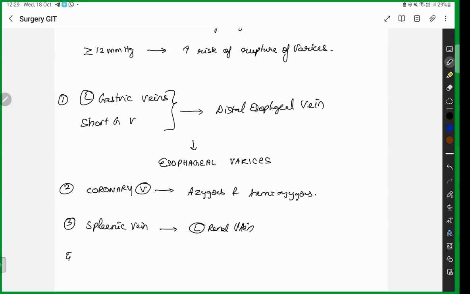And what is the fourth anastomosis? You're going to have the left gastric or gastroepiploic vein, which is going to get anastomosed with the esophageal and paraesophageal veins.